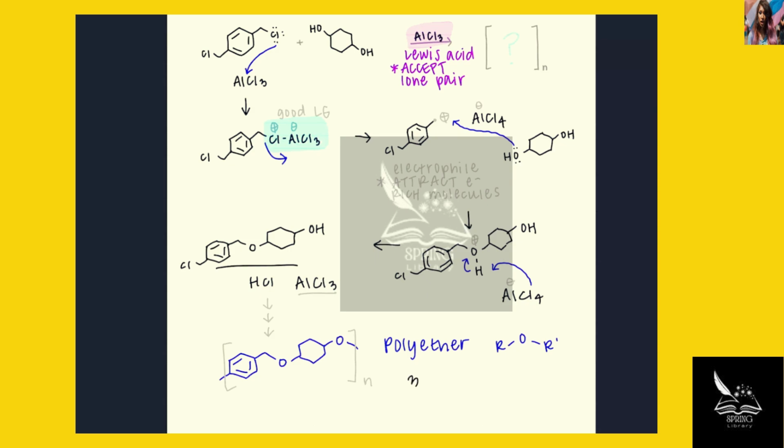So another thing to note here is that there's 3 specific steps that take place here. So let's go ahead and determine those. We have 3 steps. Our first one is the formation of our carbon cation.